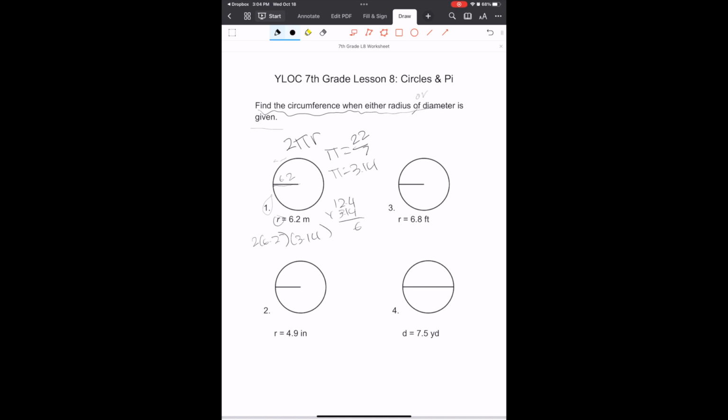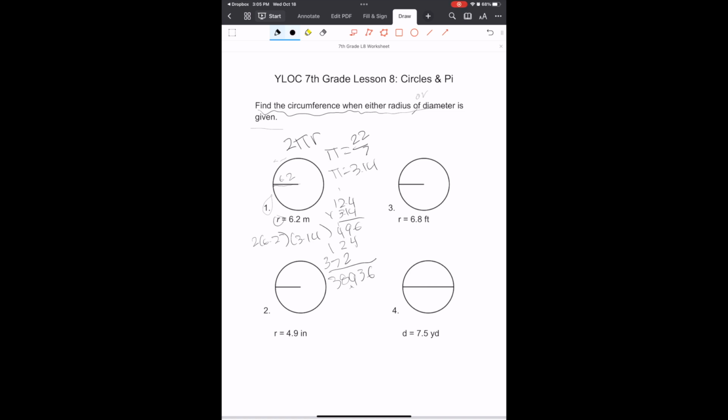You multiply that. 4 times 4 is 16, 4 times 2 is 8, plus 1 is 9, 4 times 1 is 4, and so on. Then the decimal, and you get 38.936.